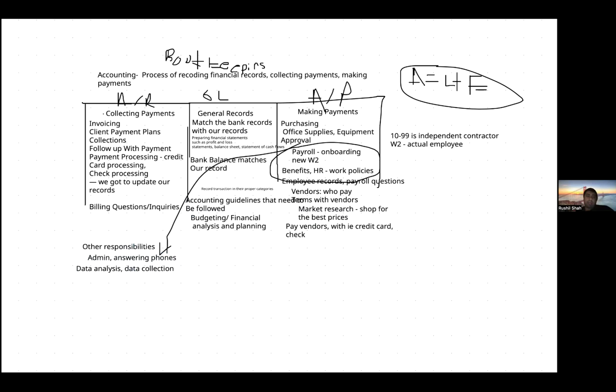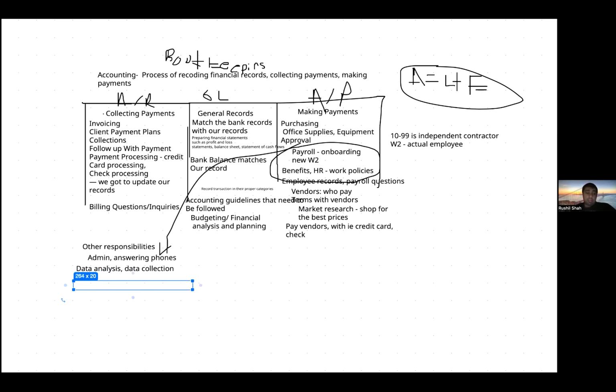I guess sometimes because accounting deals with a lot of numbers, there's data, so there is a lot of overlap with data analysis. And then also it's very tech heavy, so there's a lot of IT, tech, systems, integrations and automation.